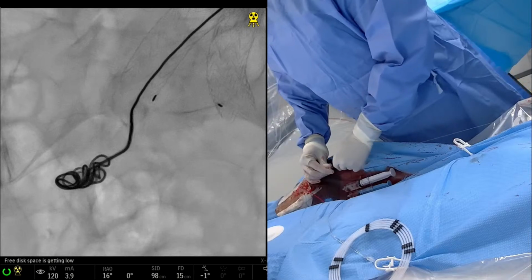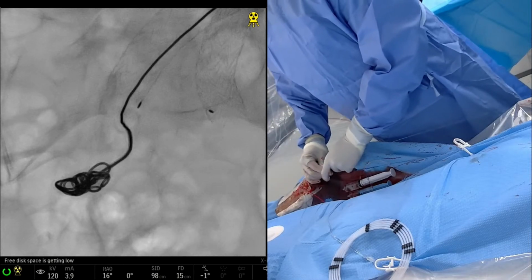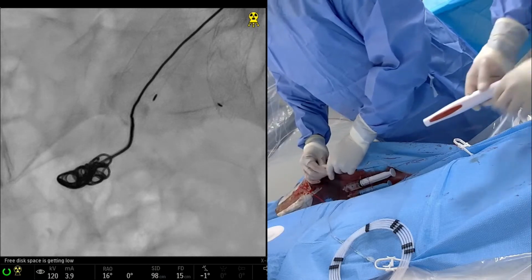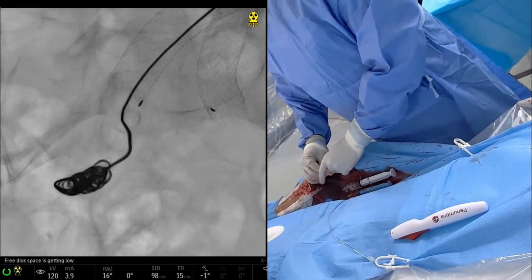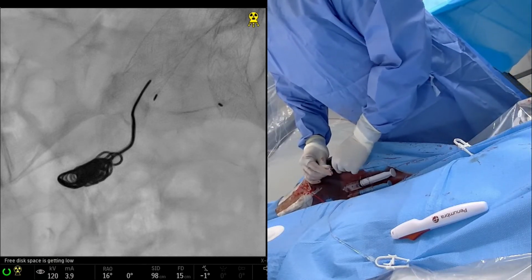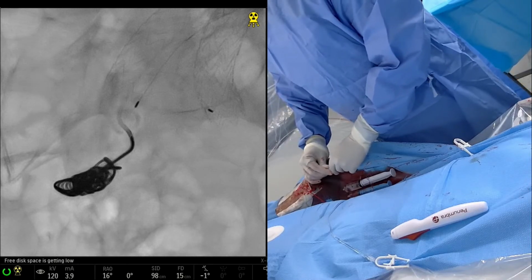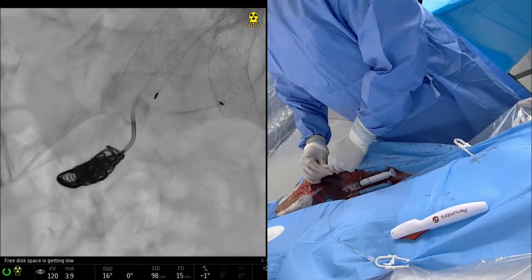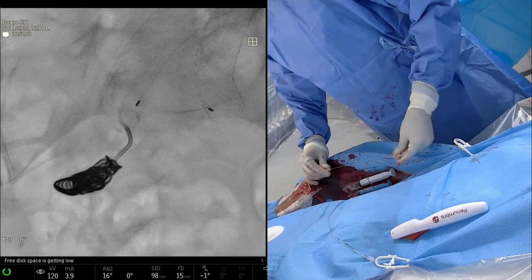Yeah, looks like it. And you can see the undulation more proximally in the limb of the coil. Oh, very nice. That worked great. And we are out. Okay, so the coil is out.